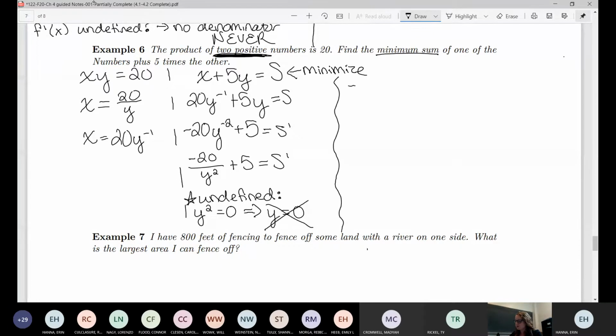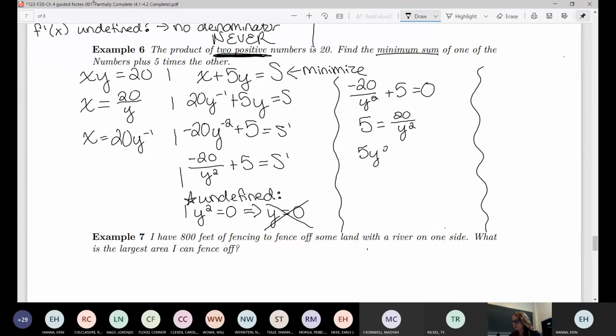So what we need to do then is set the derivative equal to 0. I'm going to add that 20 over y squared over to the other side. You could keep it as 20y to the negative second, but at this point, I think it's easier to see the next algebraic step if you have it as a denominator. Because now we want to multiply both sides by that y squared.